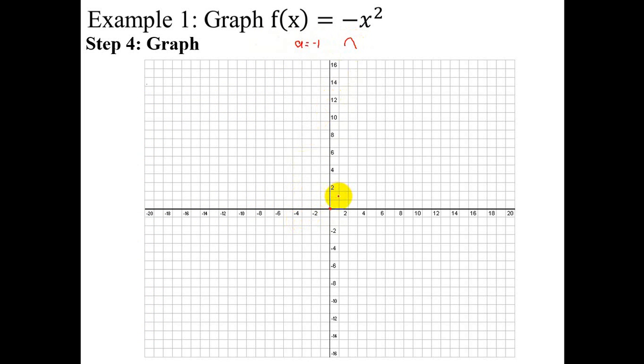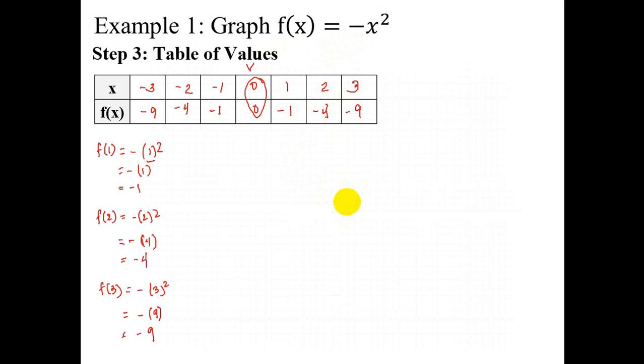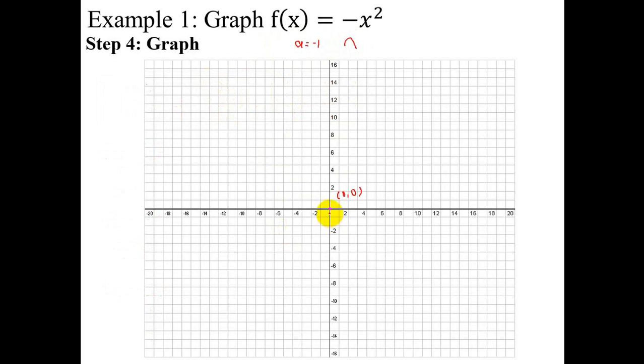So the first point is (0, 0). Next, we have (1, negative 1) and (negative 1, negative 1). Let's start first with (1, negative 1). So (1, negative 1) is this point. Then (negative 1, negative 1) is this point.